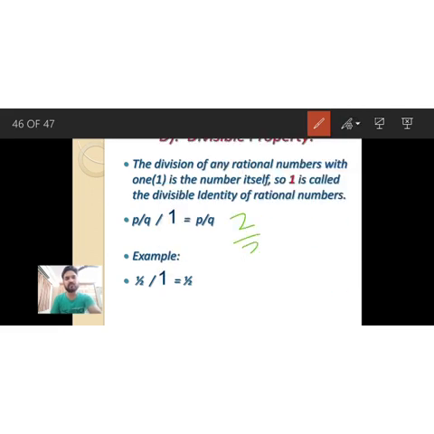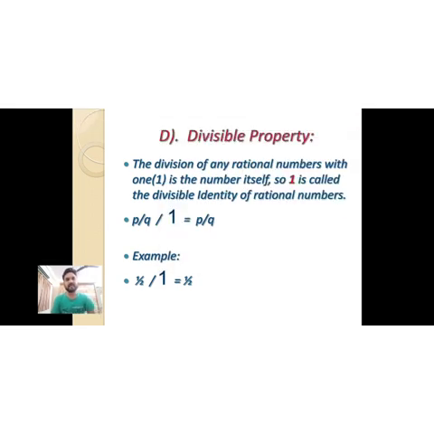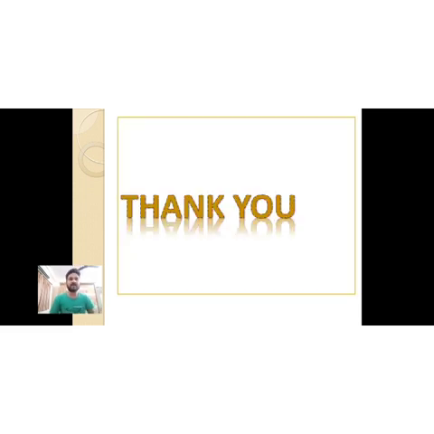Or 2 upon 3 divided by 1, there is no change, the answer is 2 upon 3. So in the divisible property, there is no change in any rational number if the number is divided by 1.